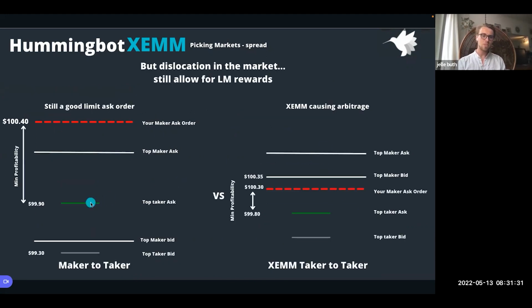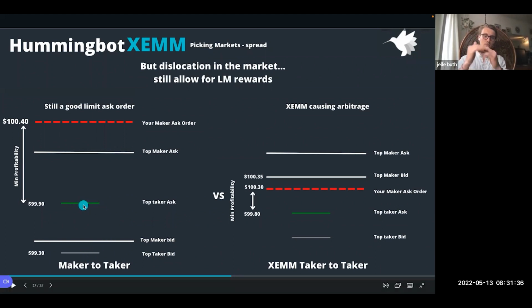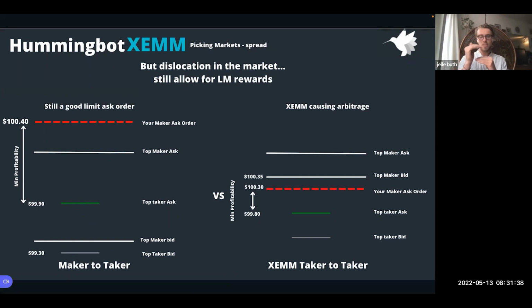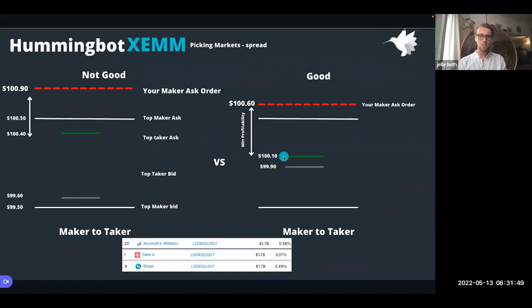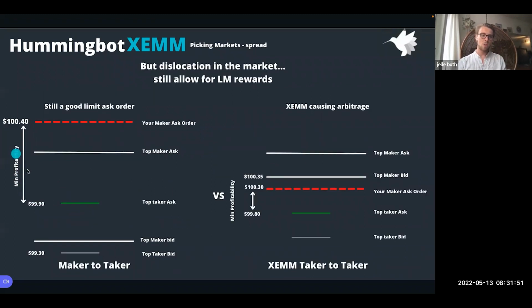But what sometimes happens is there are prolonged periods of time where this taker price, with a decently wide spread, just shifts a little bit down in a way that the price which you can buy at is decent compared to the other situation here. And if you then add the minimal profitability target away, you're still able to have a decent spread on this exchange. This sometimes happens for a prolonged period of time, so you can still generate liquidity mining rewards, or you can make money because there's an arbitrage opportunity, for example. I have to say this is less common.